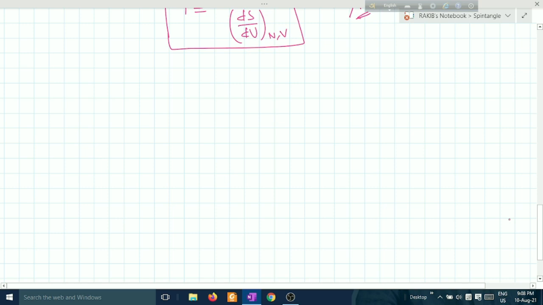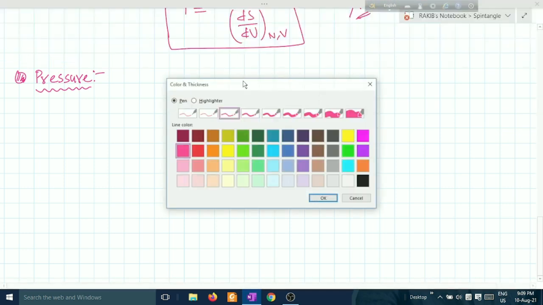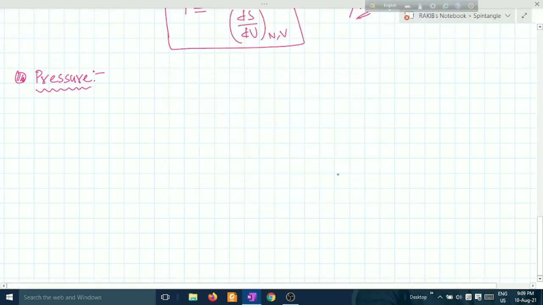Make a heading on pressure. What is pressure? How to find pressure? We again have our special formula: TdS equals dU plus PdV minus mu dN.